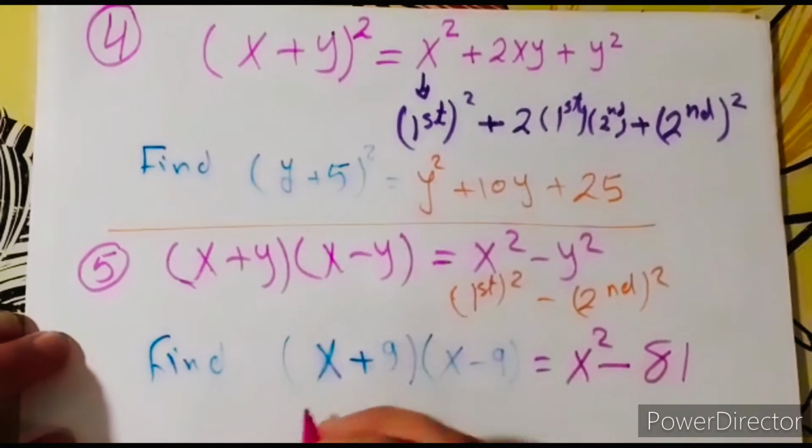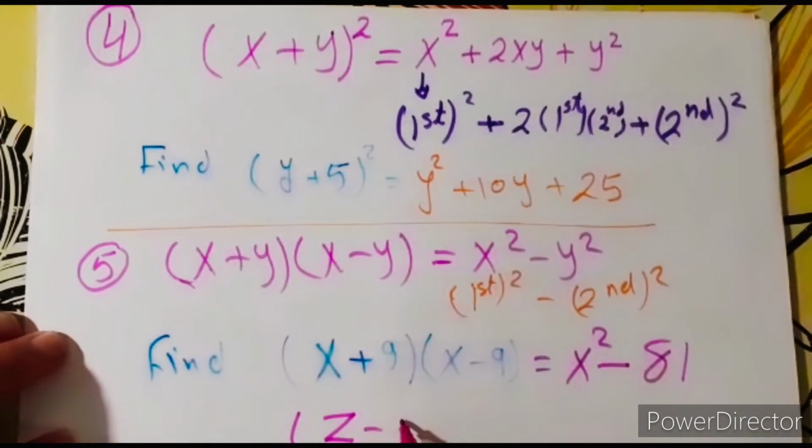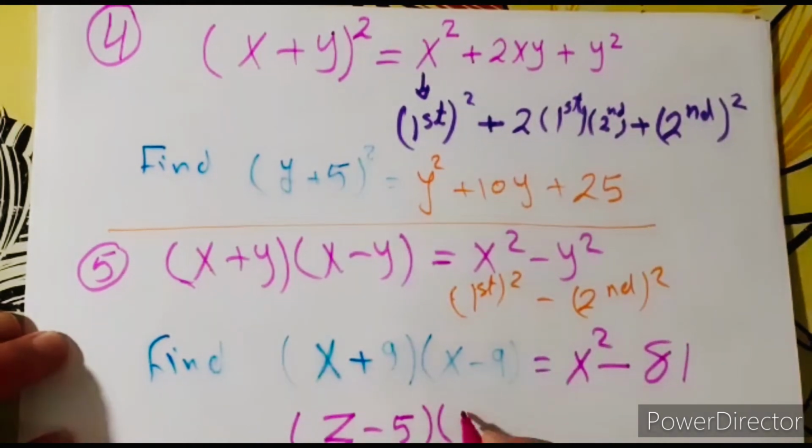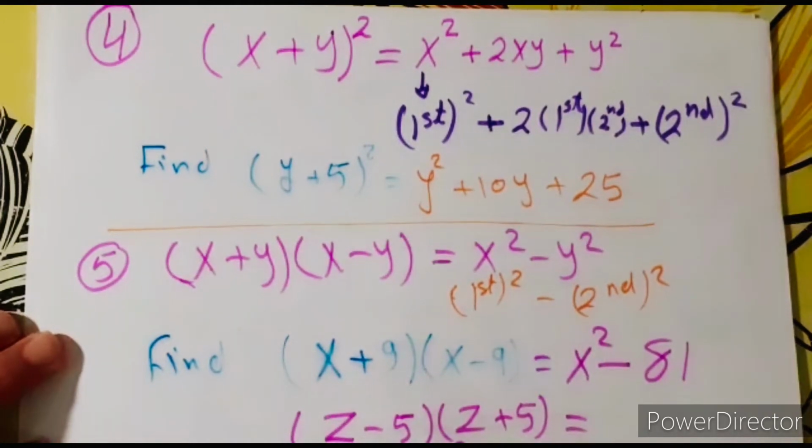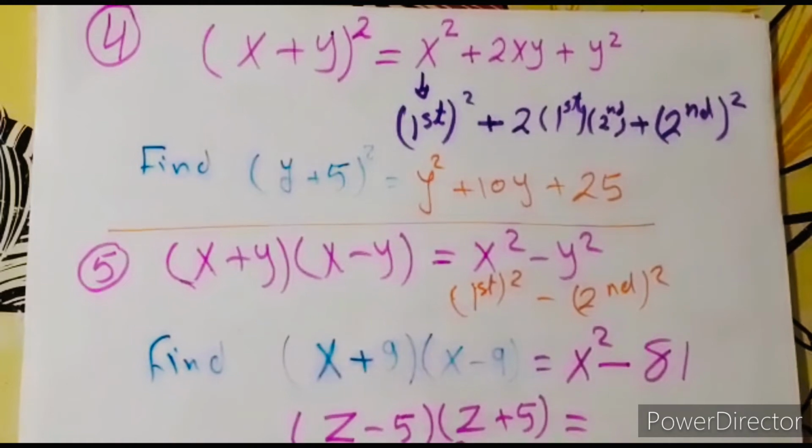Another one, find z minus 5 times z plus 5 equals z power 2 minus 25. Very good.